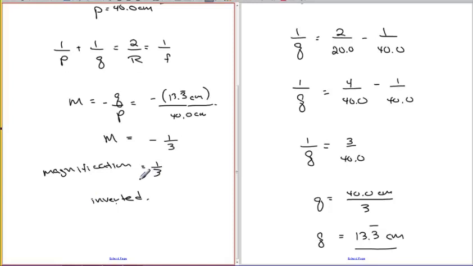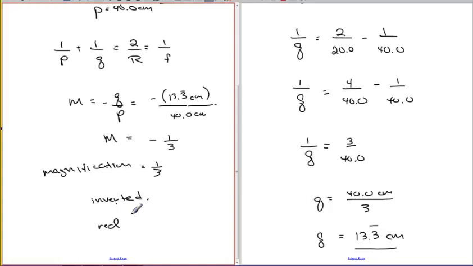Is the image real? Yes, real. Why is it real? Because if you go to your handout, which I copied, and if you don't have that, you should have it. If you go to page 765, it says, okay, if P is positive and Q is positive, in the front.